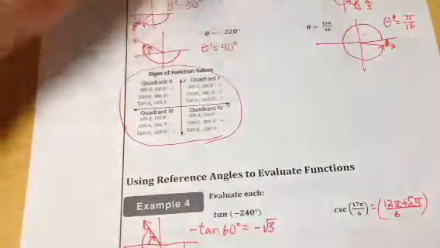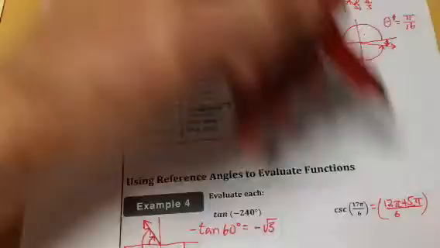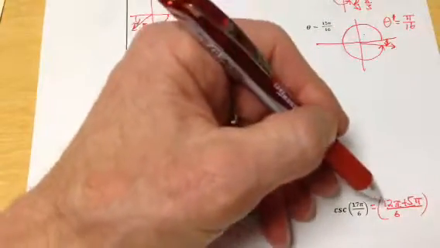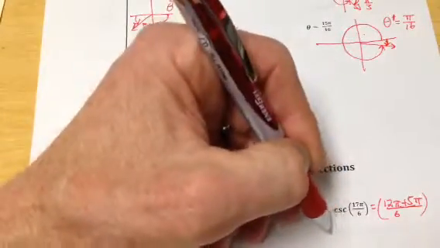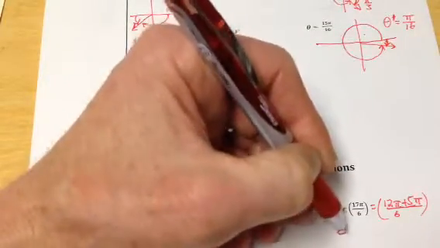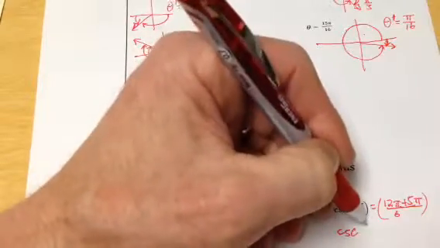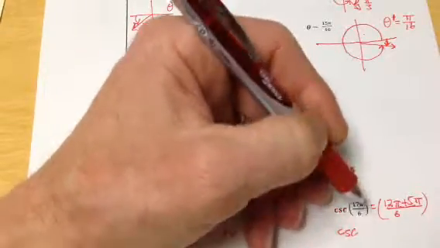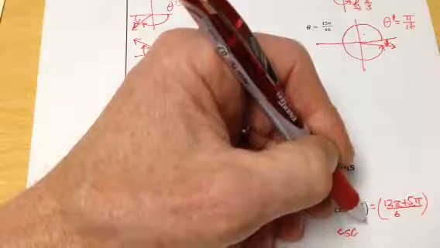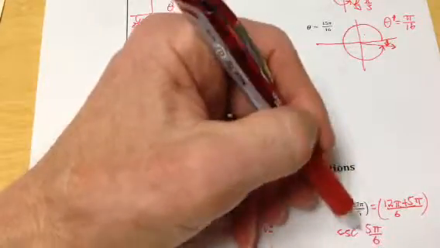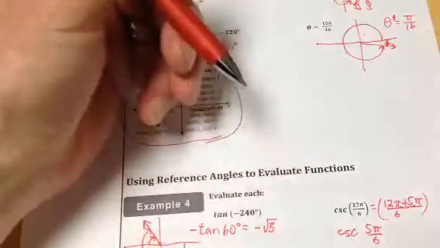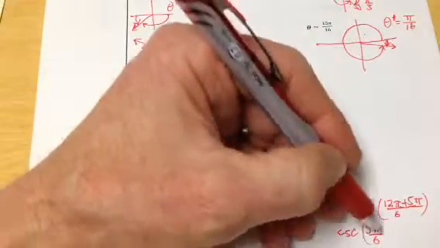But this 2 pi we can eliminate because that's just one turn of the circle. So this is going to be the same thing as cosecant of 5 pi over 6, because this is one turn of the circle, and 5 pi over 6 is how much beyond one turn of the circle.